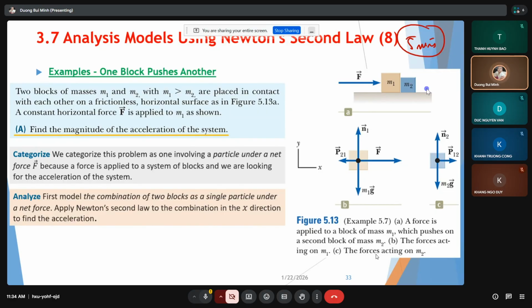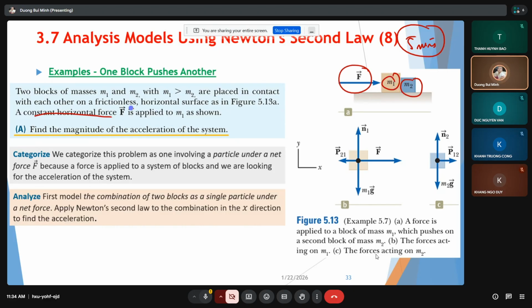We have two blocks, M1 and M2, with masses M1 and M2. We have a constant horizontal force F imparting on the object M1.